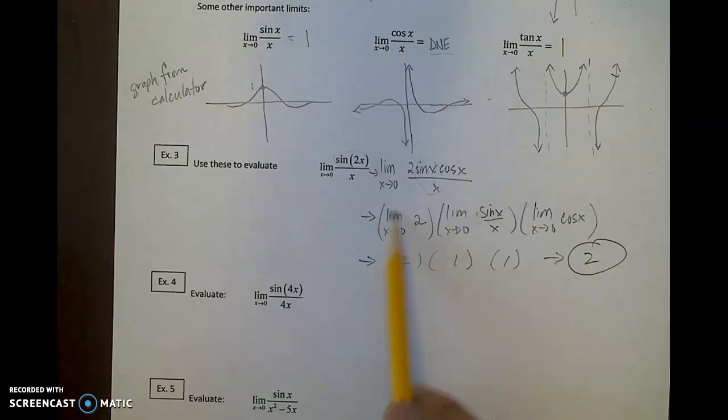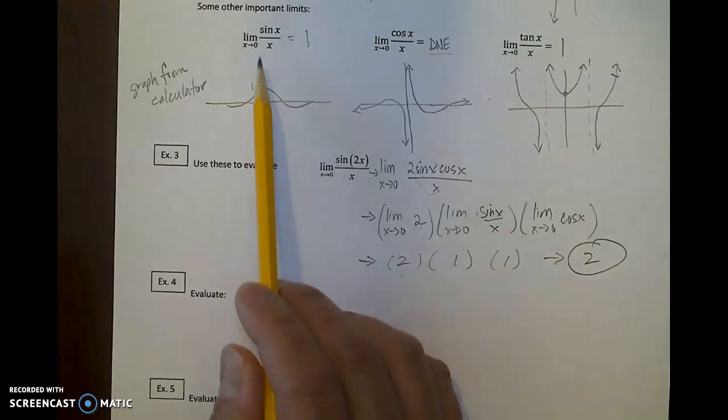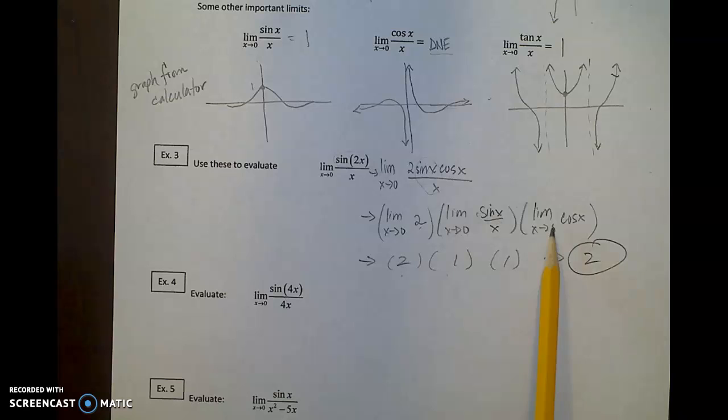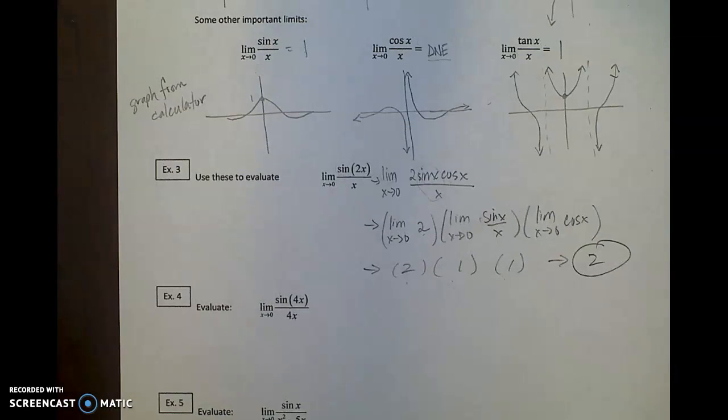The limit of a constant is just that constant. The limit of sine x over x is equal to 1. And the limit of cosine x as x approaches 0 is 1. Multiplying all those together, we get a limit of 2.